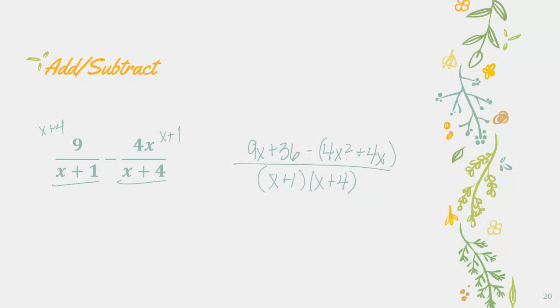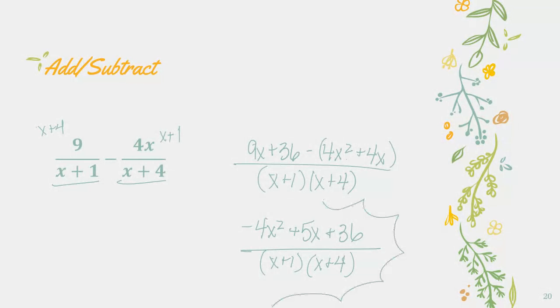Notice I'm using parentheses again because I'm subtracting that whole quantity. So I'm going to go ahead and do that, negative 4x squared, and then 9x minus 4x is 5x plus 36, all over x plus 1, x plus 4. There's my final answer, okay?